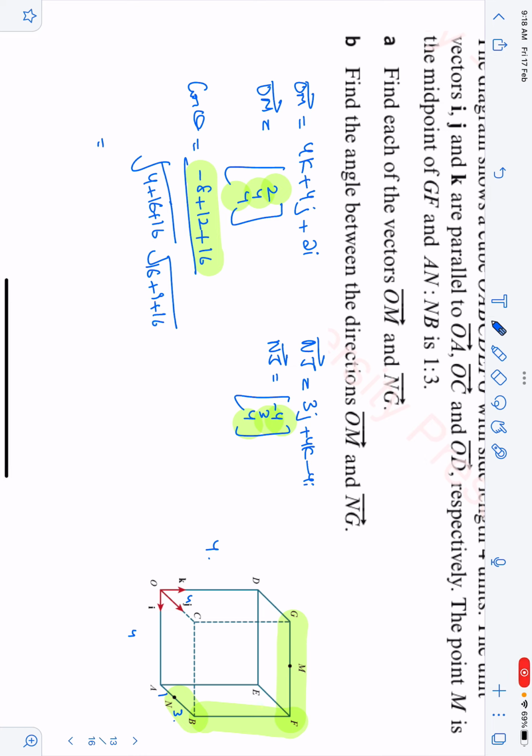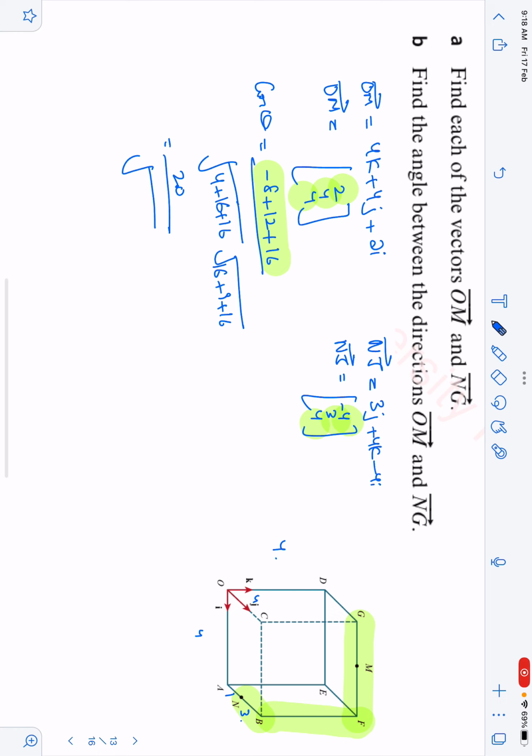So it's 16 plus 12 minus 8, 20, divided by 32 plus 4 is 36, and 32 plus 9 is 41.